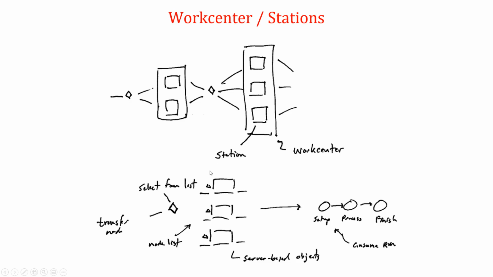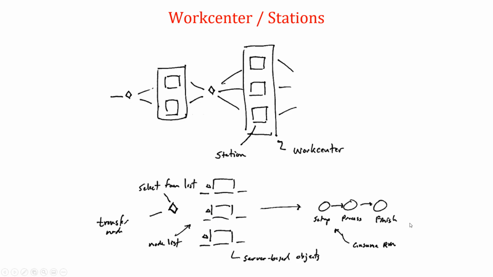And so from an implementation standpoint, in our implementation plan, we're going to use a server type object here, which will definitely be a custom object of class server, and we'll then use transfer nodes to select from among the stations in a particular work center. And so when an order entity comes to the transfer node that is part of the work center, it'll then select the appropriate station based on the overload function.